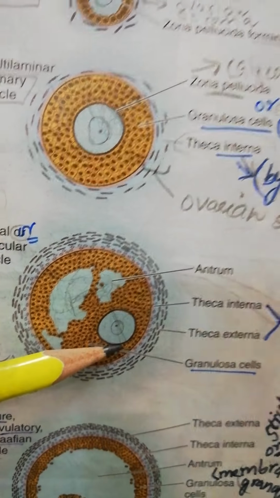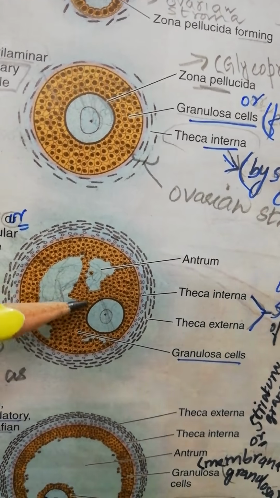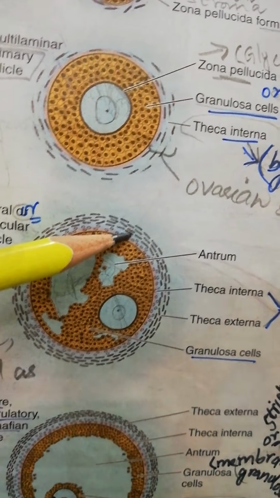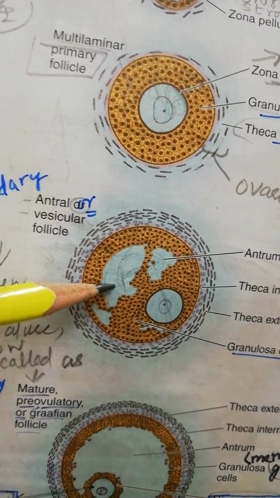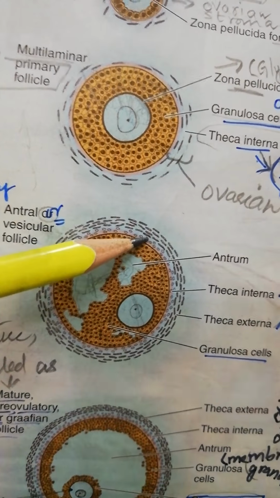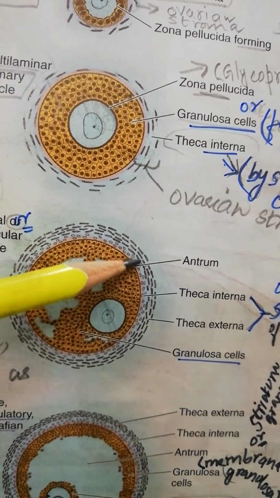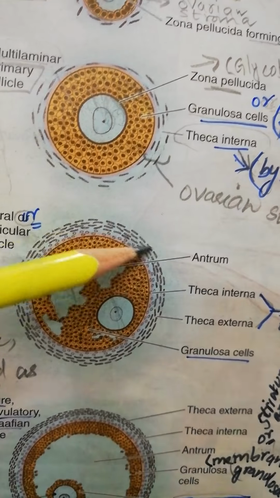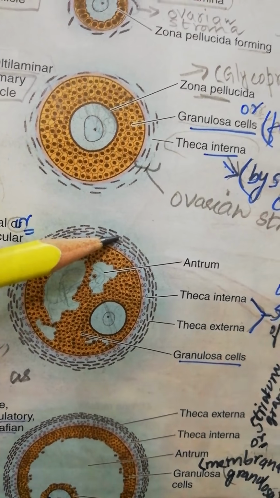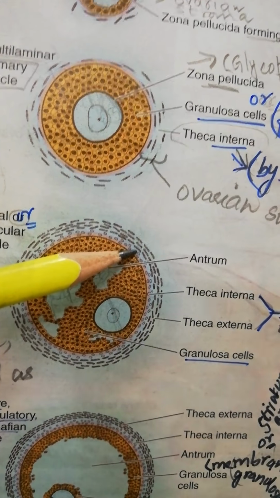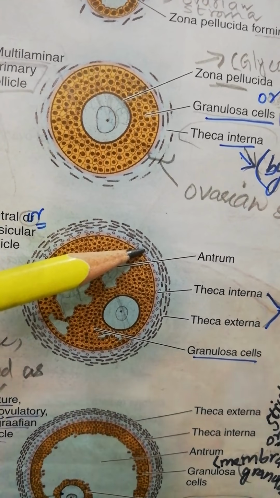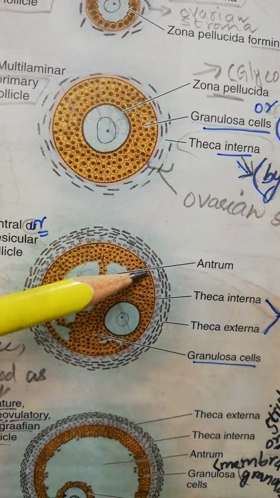And now you would see what is happening next. Simultaneously, after this antral or secondary follicle, on its outer side the stromal cells are also forming a layer called the theca layer, theca externa and theca interna. There are two layers you would observe.